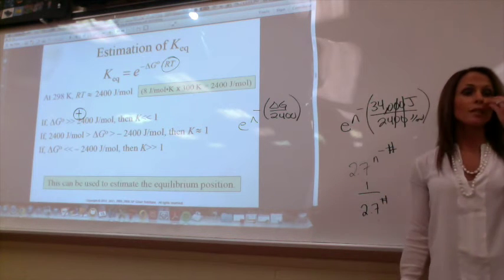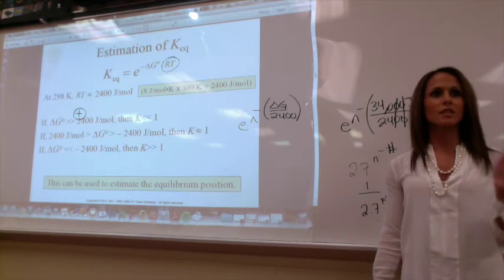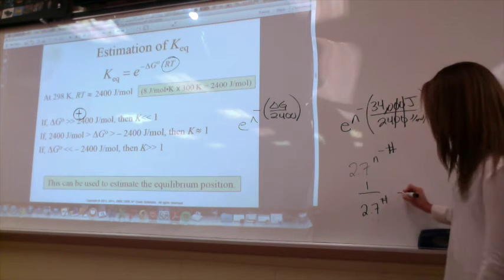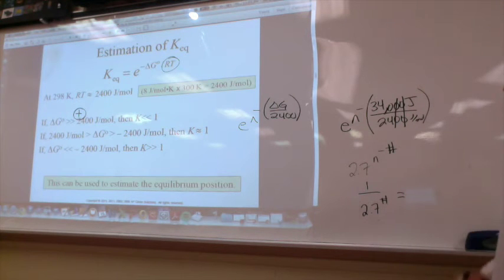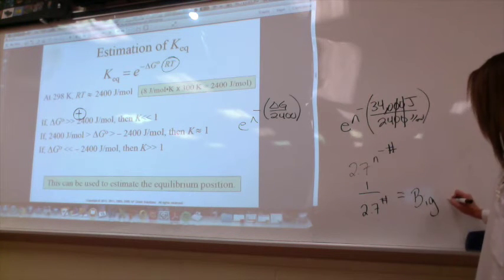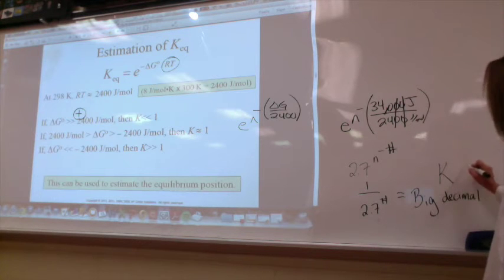If you take 2.7 in your calculator and even just get to 10, like 2.7 times 2.7 times 2.7, it gets really big really fast. Which means that this is going to be a decimal or a whole number? A big decimal, right? So if you get a big decimal, then your K value is much, much less than 1.